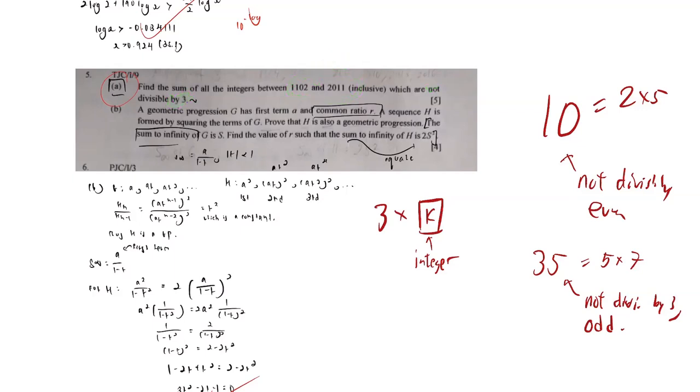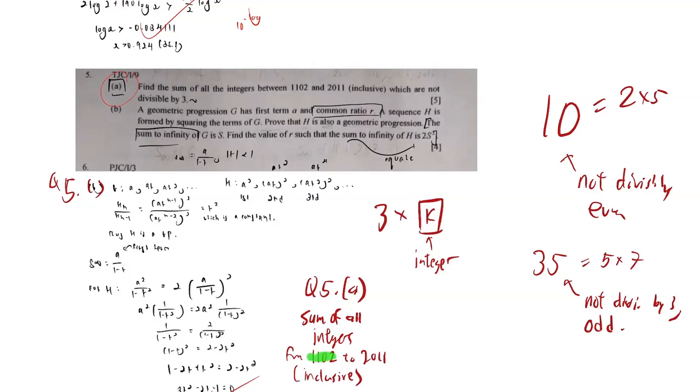So in this case, question 5, this is part B. Okay, let's just deal with 5 part A first. So what we can do is to sum up all the terms. Sum of all integers from 1102 to 2011 inclusive.